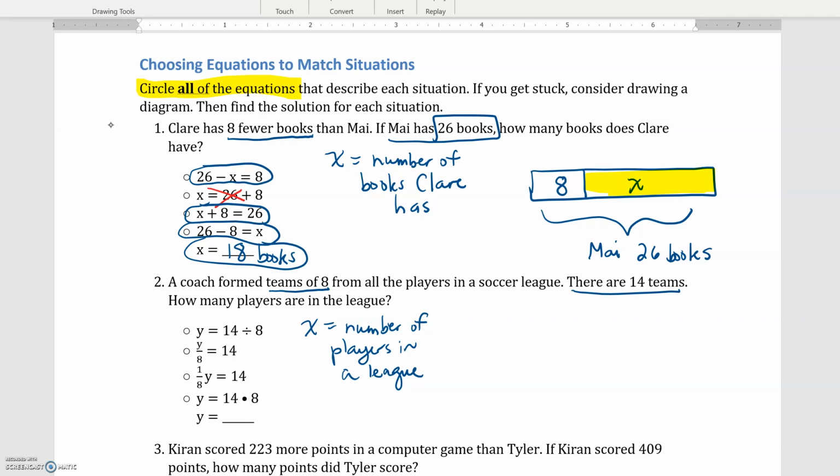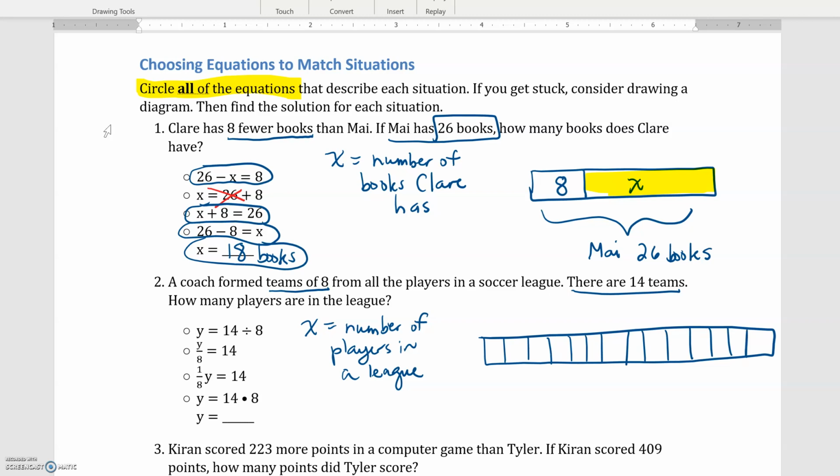So it looks like I have a bar, and there are 14 groups in here. I'm going to try to draw 14 groups accurately. So there are 14 groups of 8, 14 teams. That represents the number of players, which is my x.